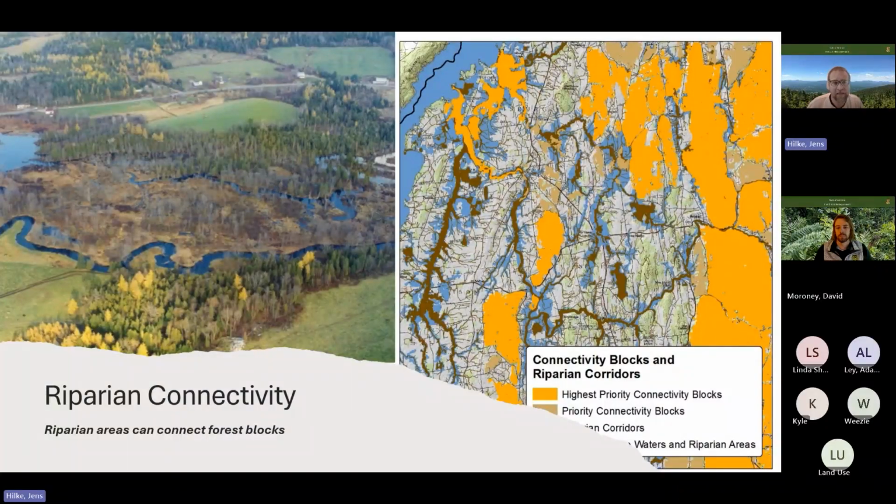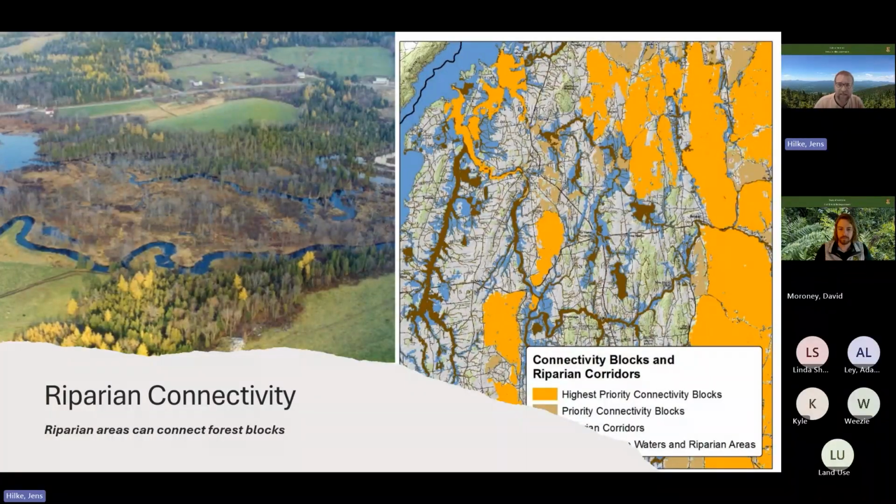That's especially important in the Champlain Valley. That picture that you see at left, you can see a forest linked together by wetland, linking to another forest. And so that network of riparian connectivity connects the blocks, particularly in the more fragmented landscape. So those are the landscape scale components.